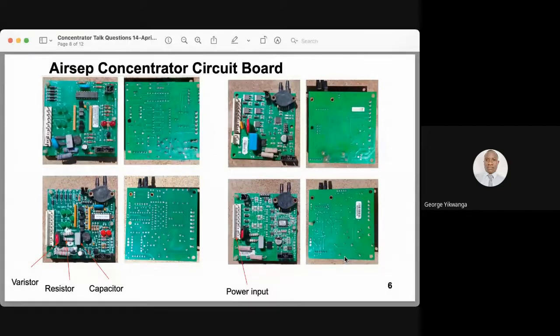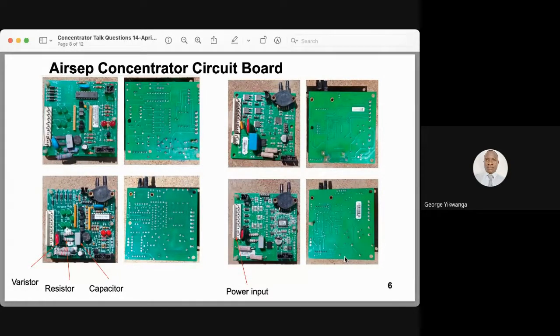The way they operate, you need to observe the LED sequencing. 2 green LEDs should be turned on at a time. In the case of models that do not have LEDs, you observe the sound of the relief valve on the compressor. If it's popping, you know that the circuit board might have issues.